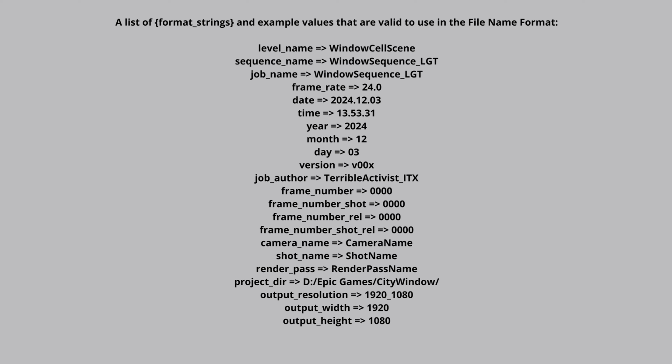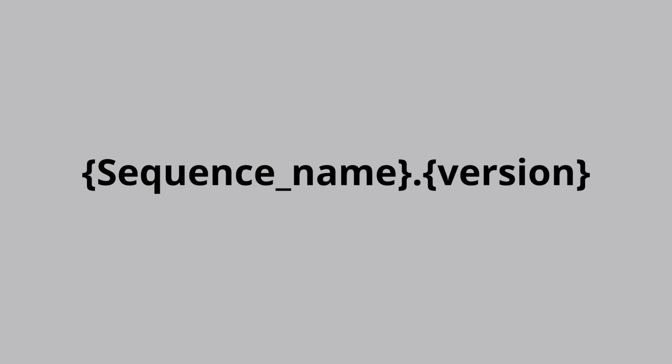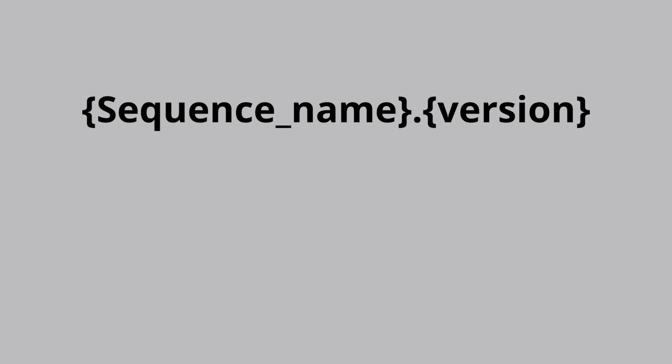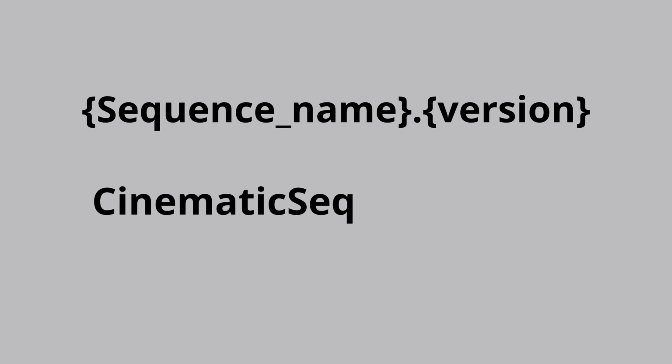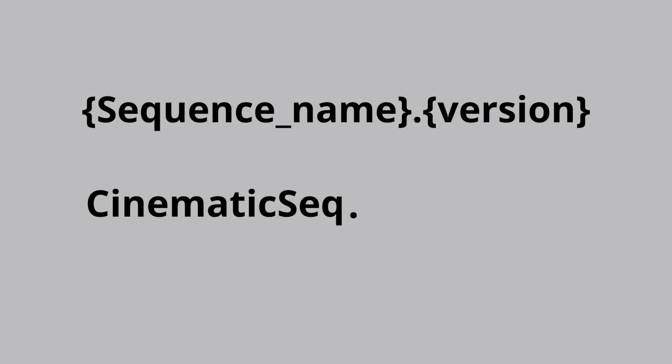Well, string formatters or format strings are a way to tell Unreal Engine what data you want from the engine to be included in the name. So right now I have sequence name dot version. So what's that going to do? Well, if we look at the sequence name I'm in, cinematic SEQ for sequence, dot version number, so version 1.